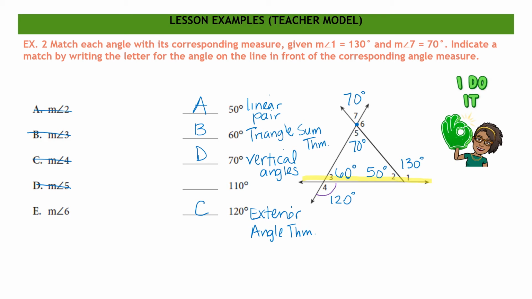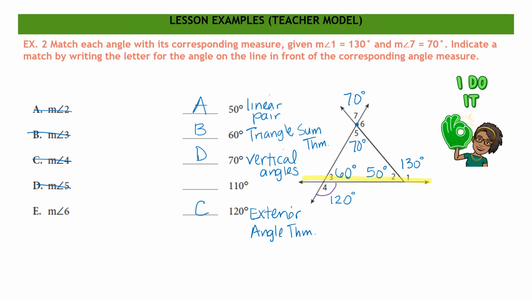The last one that we need to find is angle 6. And the measure of angle 6 can be found two ways as well. We have the measure of angle 7, which is a linear pair with 6, and we have the measure of angle 5, which is also a linear pair with angle 6. Good thing to know is that both of them are 70 degrees, so it doesn't really matter which one we use. Being that they're both linear pairs and they're both 70 degrees, we know that a linear pair is supplementary, and supplementary means that we have two angles whose sum is 180.